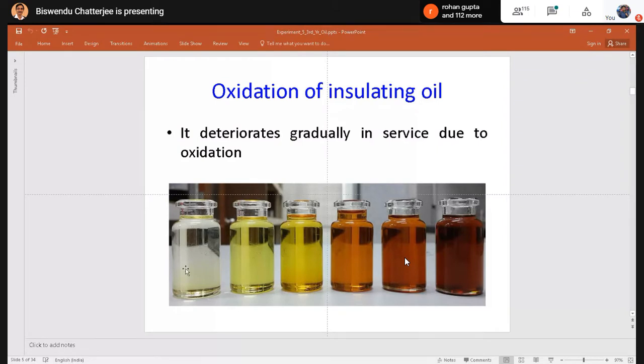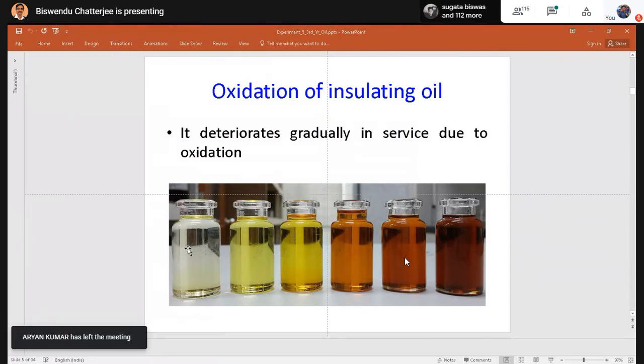How does it look? If it is a good quality oil, it will look exactly like water. Almost no color and no odor.